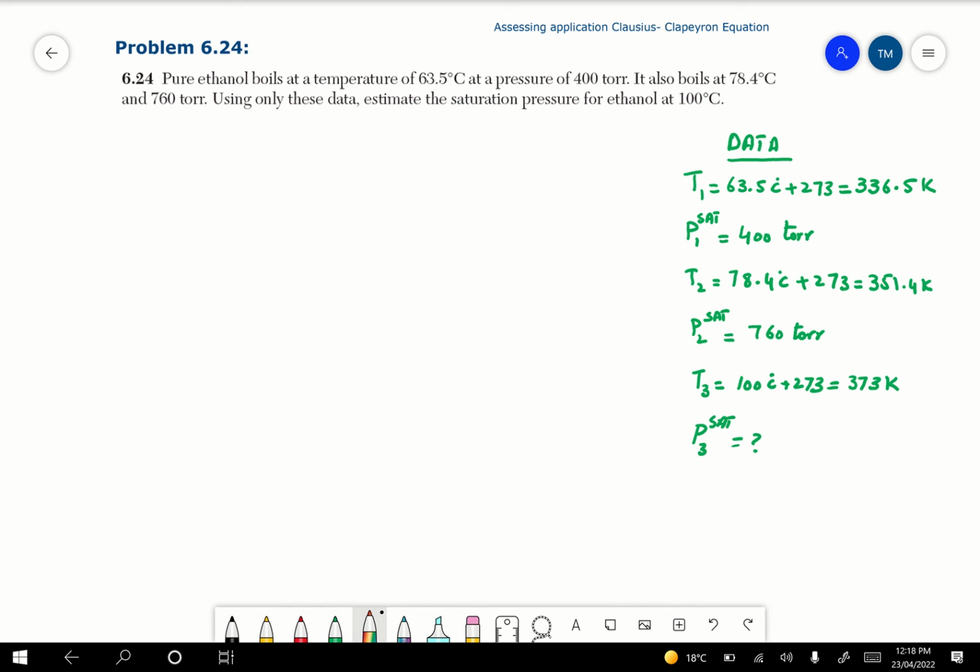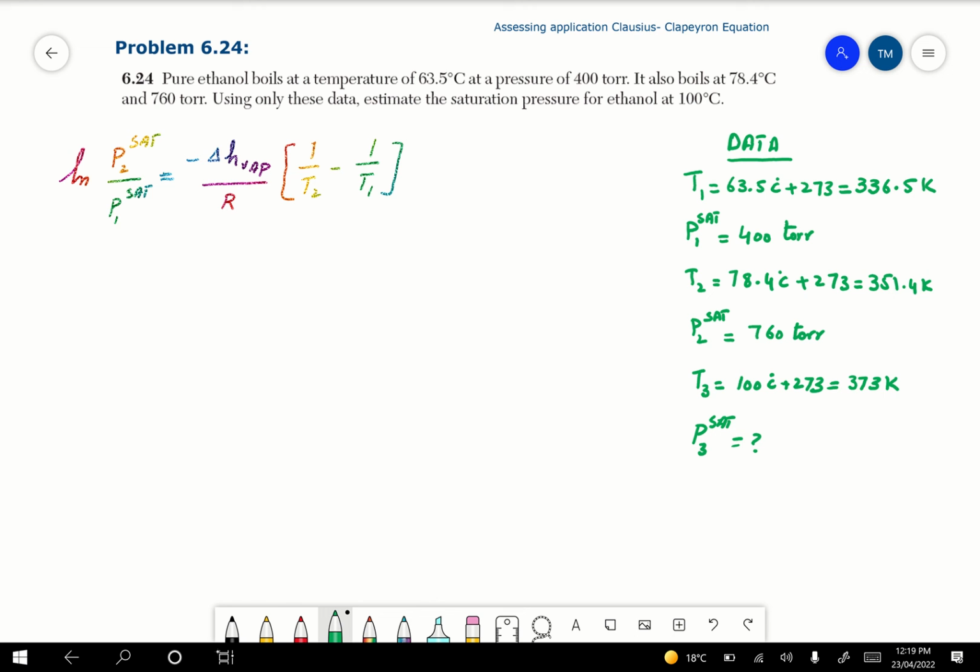Now we can apply the Clausius-Clapeyron equation, which is ln of P2 sat over P1 sat, using the first reading and second reading, equals minus the heat of vaporization, which is unknown, we will calculate it in this equation, divided by R, which must be given, times 1 over T2 minus 1 over T1, right?